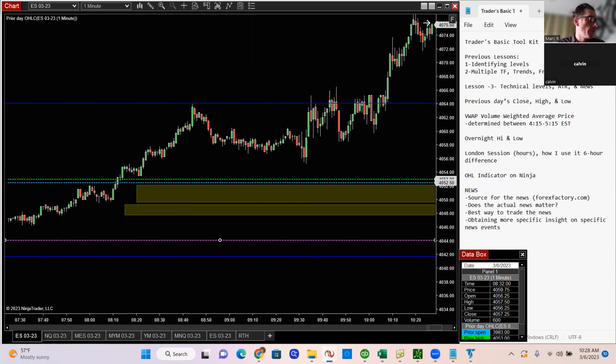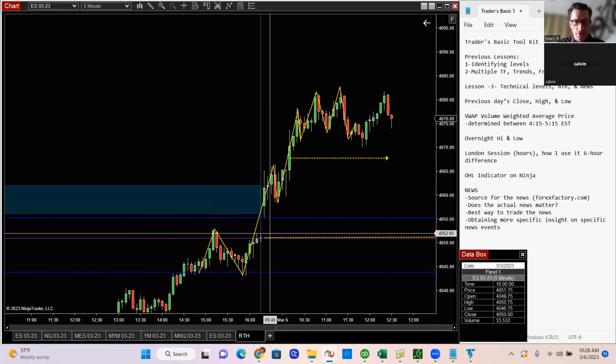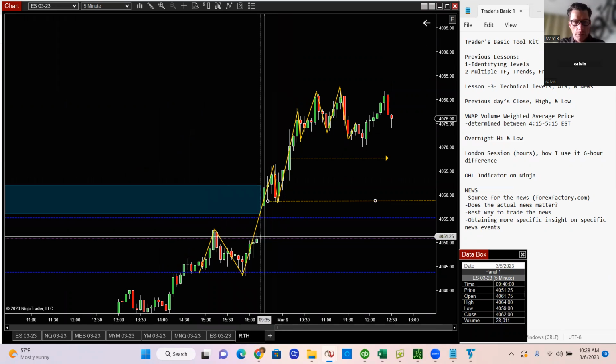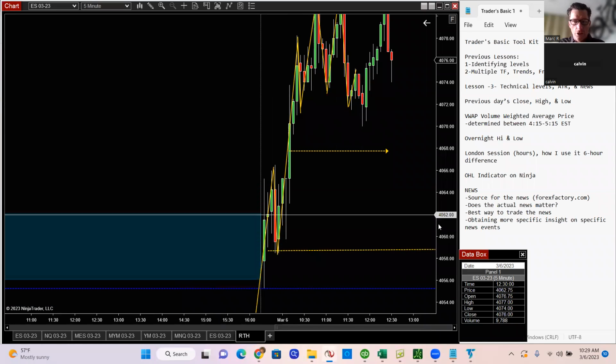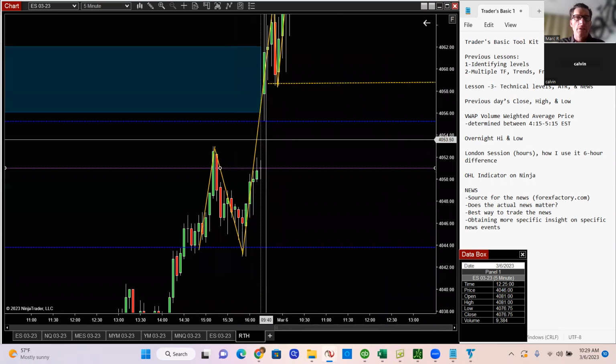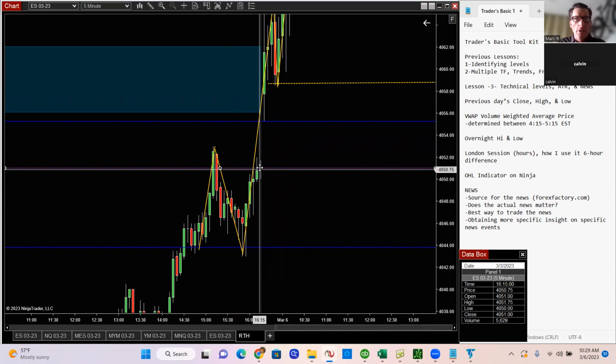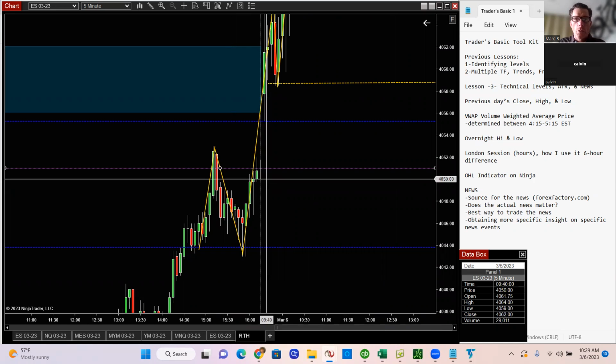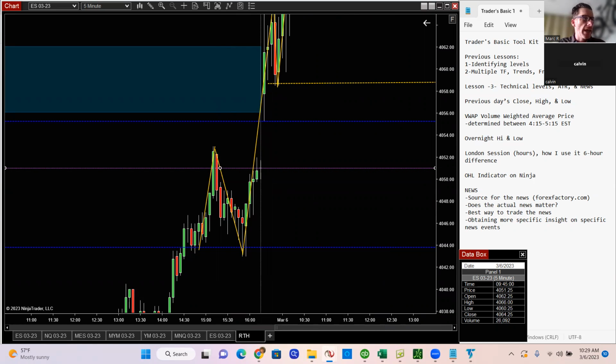Now I'm going to pull that from the RTH chart, which is this gap right here. On this chart, that was the close. You can use a 1-minute chart or a 5. I'm going to use a 1-minute to be the most precise. So this candle right here, 40.51, is the gap.